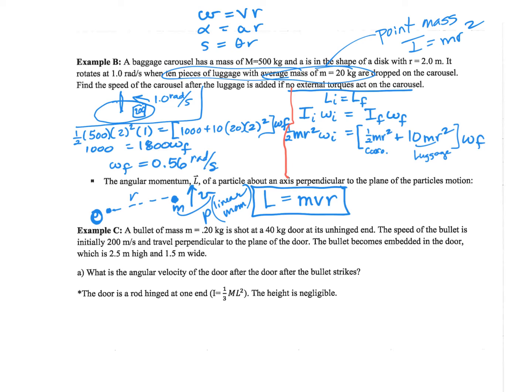To get angular momentum, if we have linear momentum, we simply multiply by the distance the object that has that linear momentum is away from the object that it's influencing. This r right here is this distance away right there. That's the perpendicular distance away. All right?